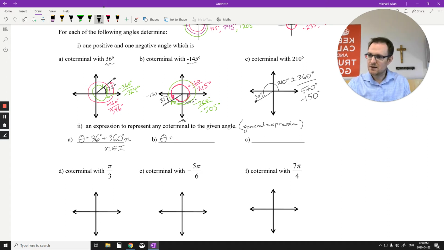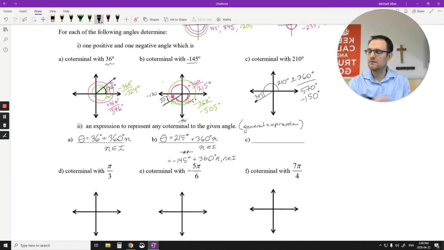So for this one here, I usually want to use my principal angle. So the smallest positive angle here is 215. Now, there's nothing wrong with using the other angle. So I could write this by using the negative 145 they gave us. That's still right.